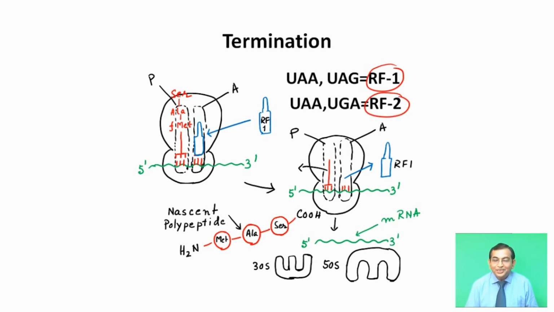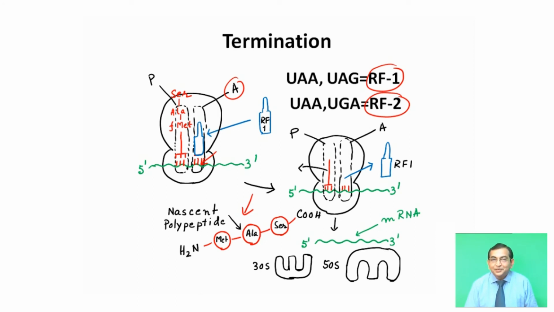Now, when a termination codon is present in the A site, the release factor will enter, as a result of which the elongation process stops and the nascent polypeptide is released from the A site.